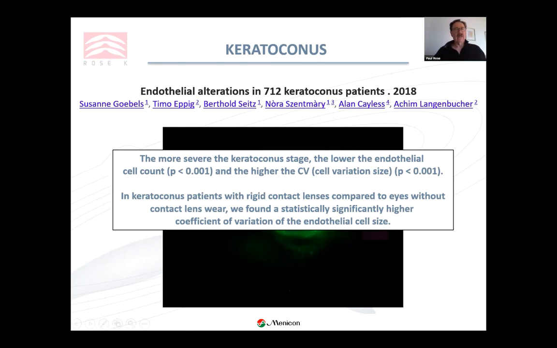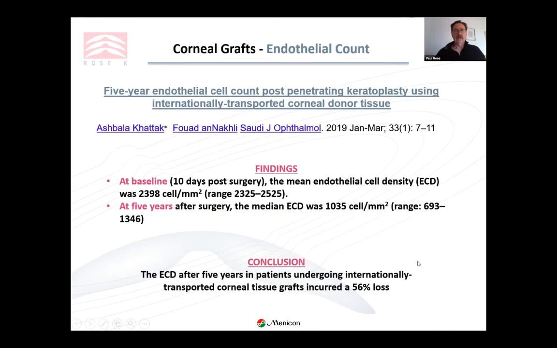So endothelial health is a really important factor to consider when deciding between a scleral or a corneal scleral lens. This is why with keratoconus, which we know has lower endothelial counts, I prefer a corneal scleral lens.